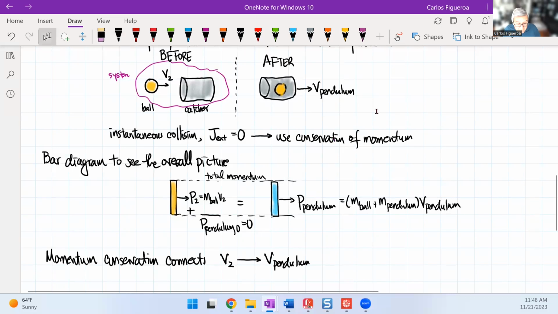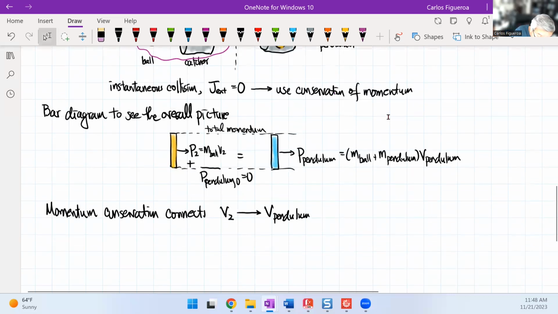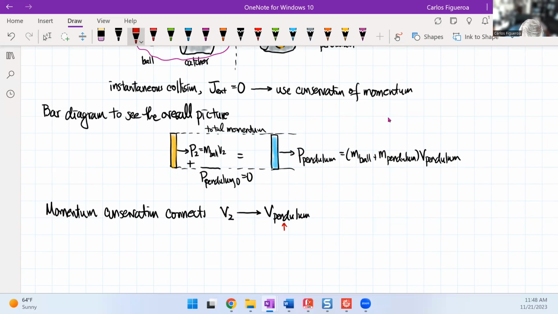In other words, if we measure the speed, we immediately know V2. So we're not measuring V2, we're going to measure V pendulum.